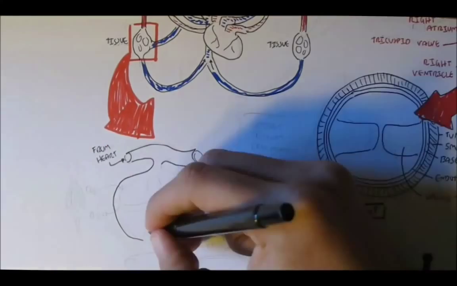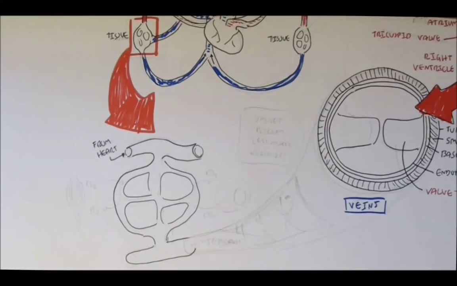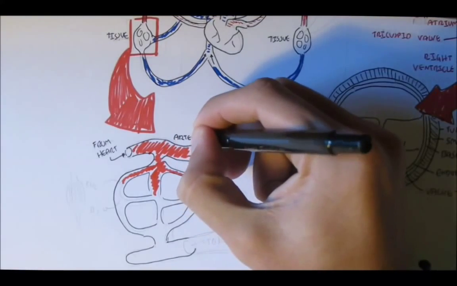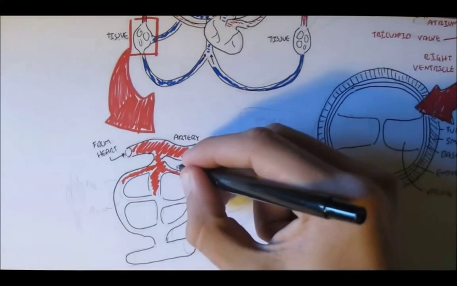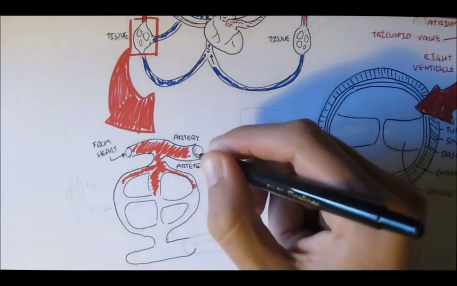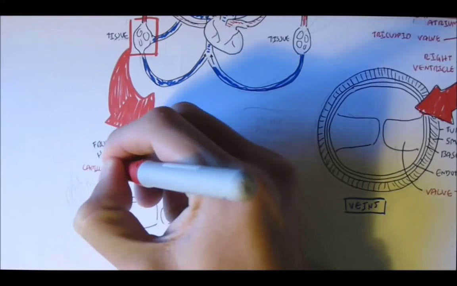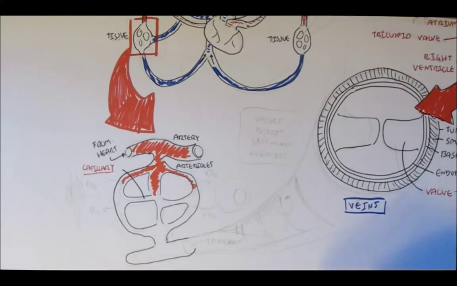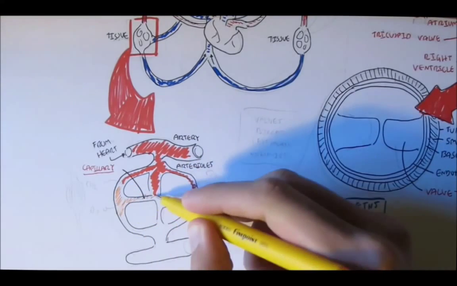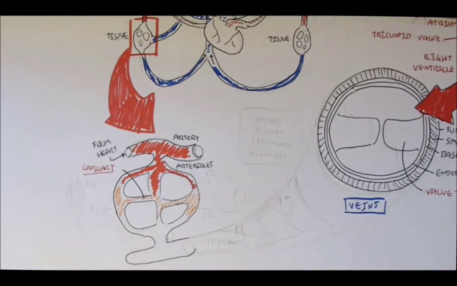Let's take a closer look at these tissues and learn about capillaries. So arteries come from the heart, and as they go to tissues such as skeletal muscle, for example, they will branch into smaller arteries known as arterioles, which will then form capillaries. Capillaries are very thin and so permeable to many substances.